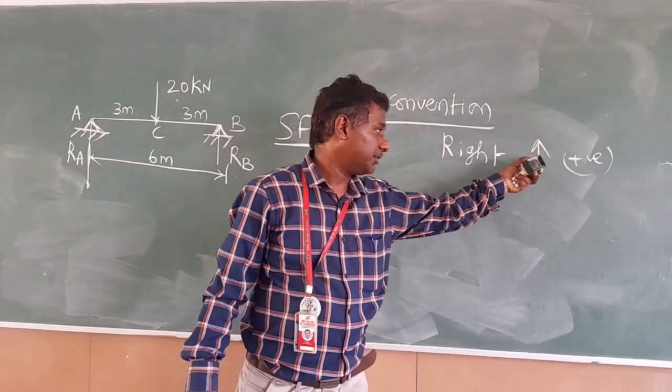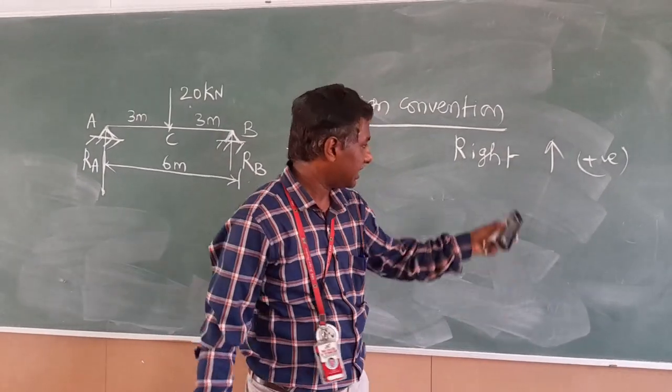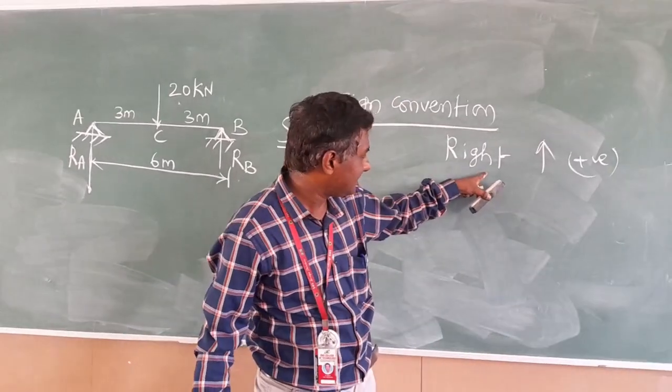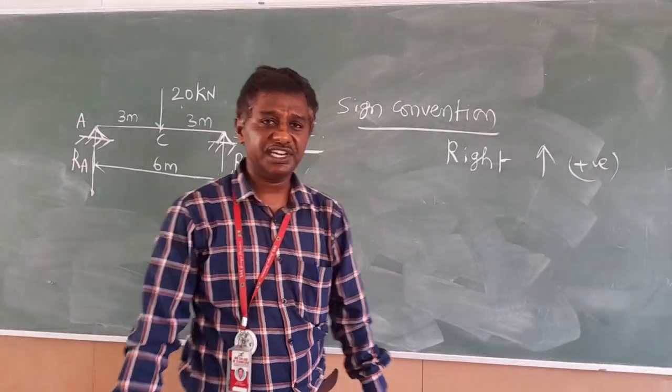Right up is positive, right down is negative. Left up is negative, left down is positive. So with this sign convention, you can solve anything else. Okay.